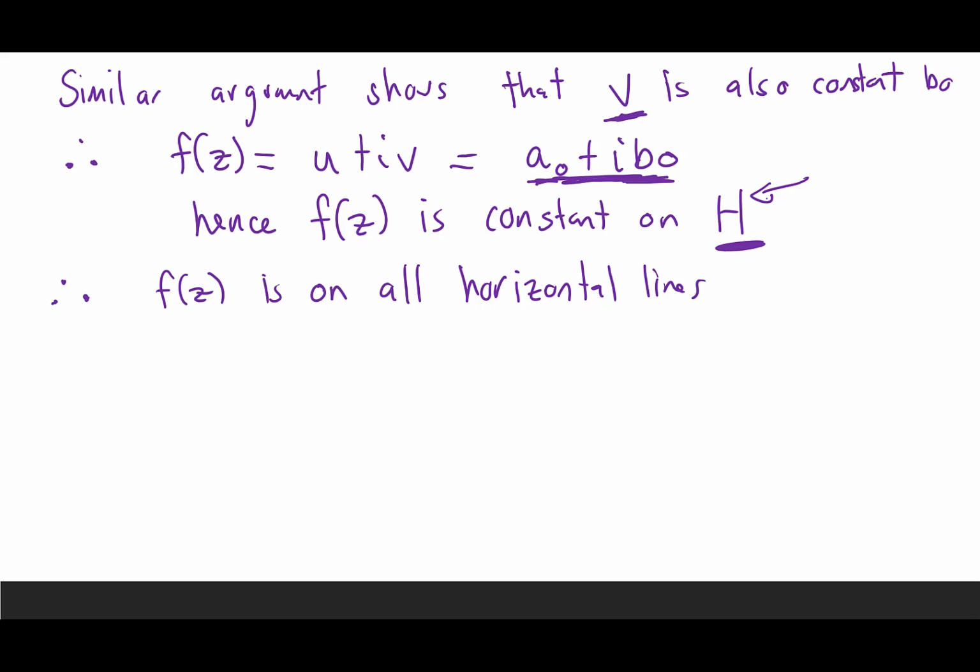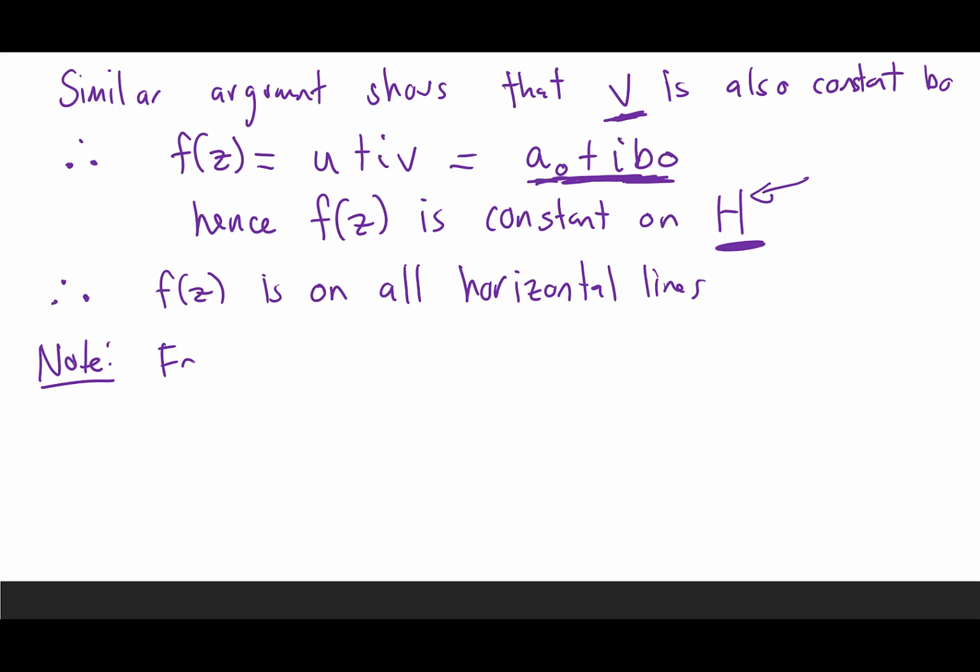Now note, to prove that f is constant on all vertical lines is virtually identical to what we just did, except instead of playing on the imaginary part, you're playing on the real part.